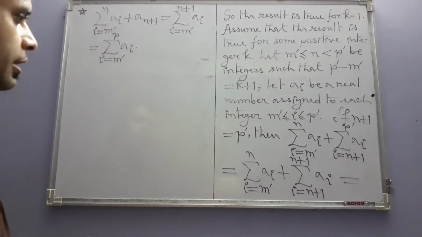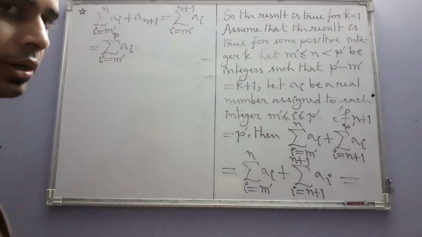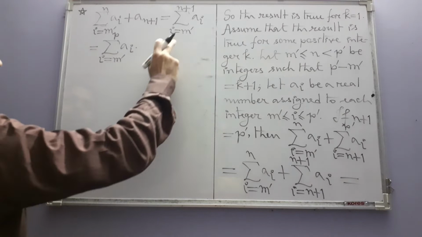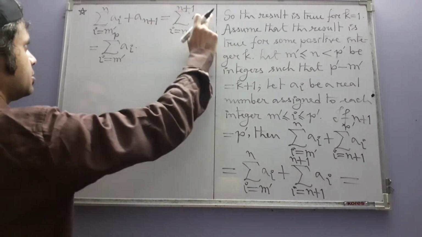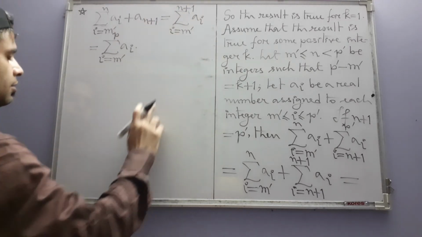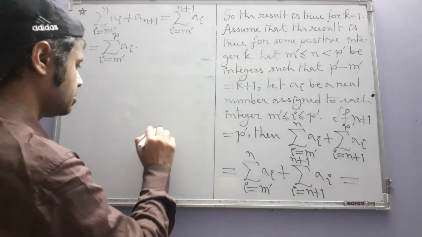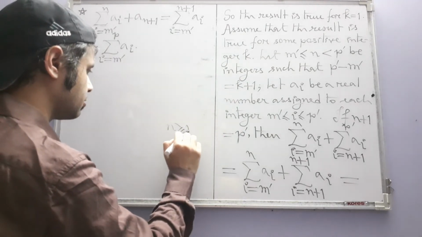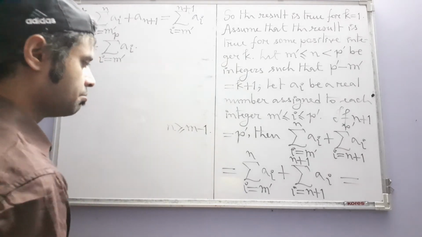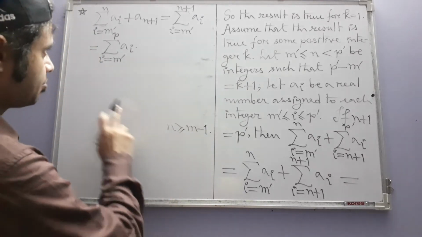Now each step has to be cautiously taken. The fact that we have written this in place of this demands something. It demands that the condition n greater than or equal to m minus 1 be met. Is that happening here?